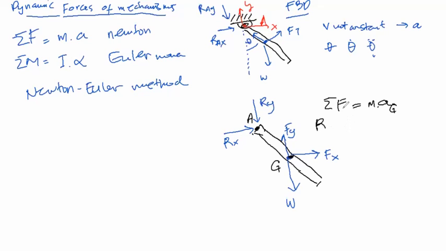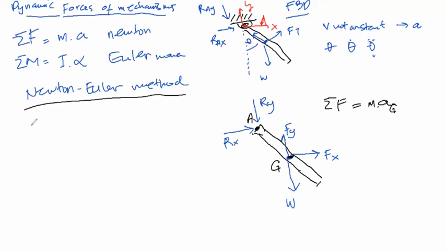External forces are the reaction force, depending. Here again, we can write it in vector form. That would be simpler. Now let's say you can get the acceleration A at G based on the kinematics.